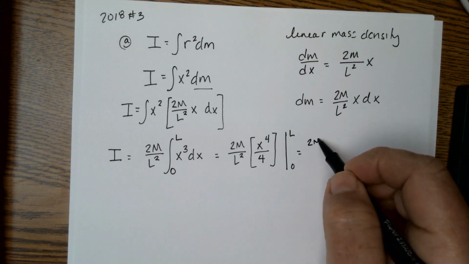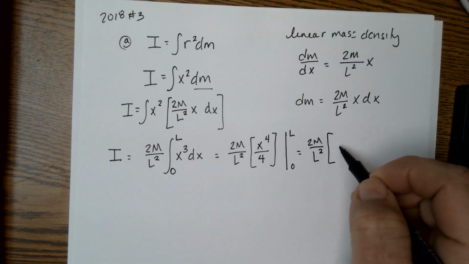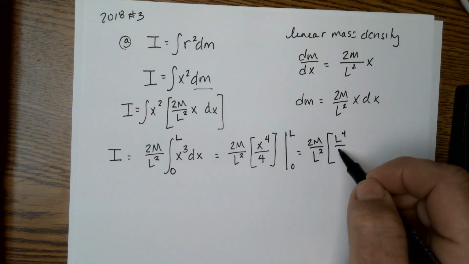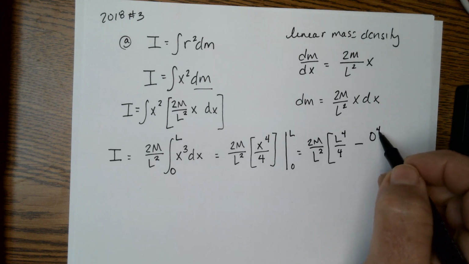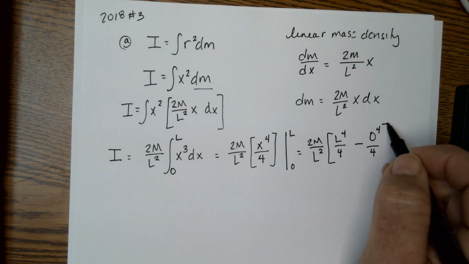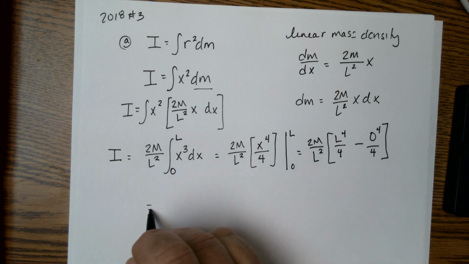So I get 2m over L squared times L to the 4th over 4 minus 0 to the 4th over 4. We evaluated that with those two parts in it.